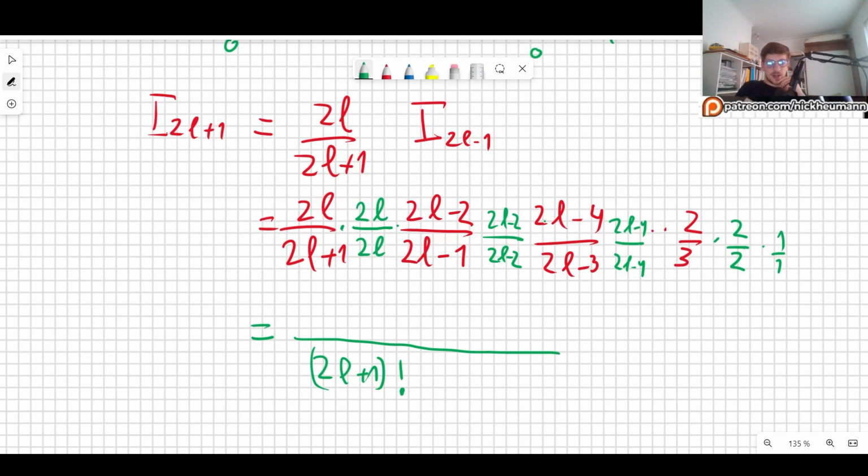But what happens there? Well, in the numerator, sorry, we have every single thing squared. We have 2L, 2L, 2L minus 2, 2L minus 2. But notice that if we factor out a 2 from each sequence, the red sequence and the green sequence, so we factor out a 2 from here, a 2 from here, a 2 from here, a 2 from here, we would get L amount of 2s, right? 1, 2 here, 1, 2 here, 1, 2, and so on.